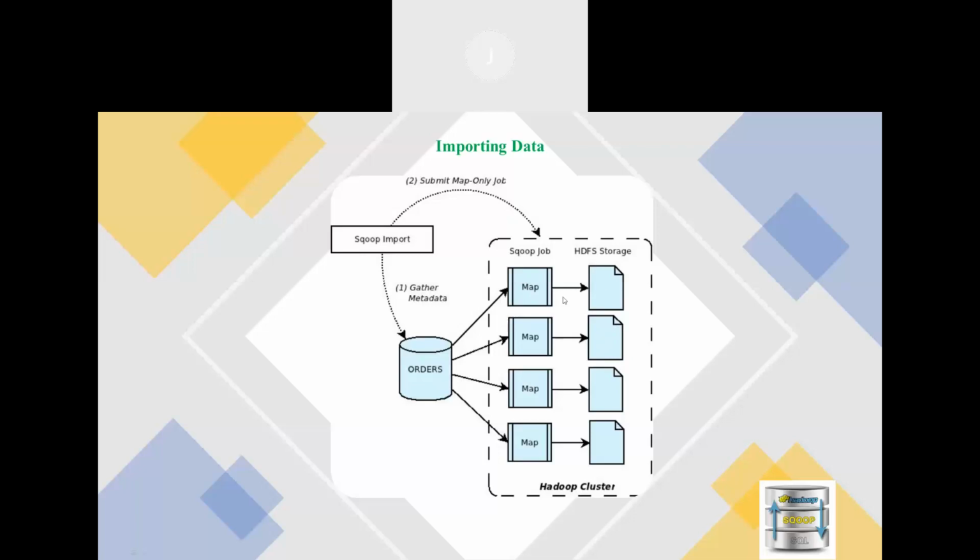Then the output of the mapper will be stored in our HDFS storage. So this is importing from RDBMS to HDFS. Here will be the RDBMS, and this is HDFS.